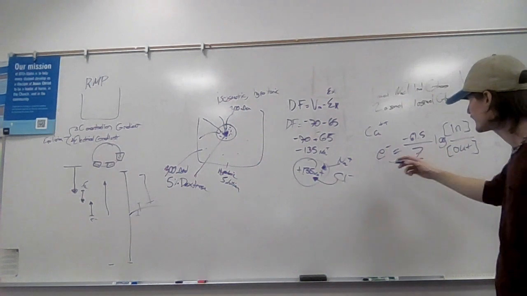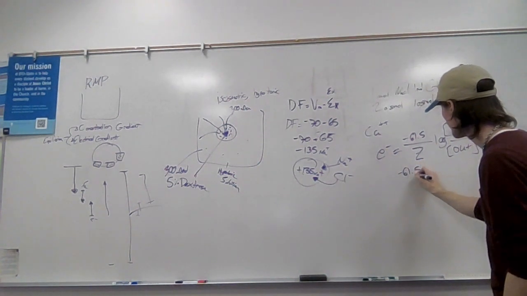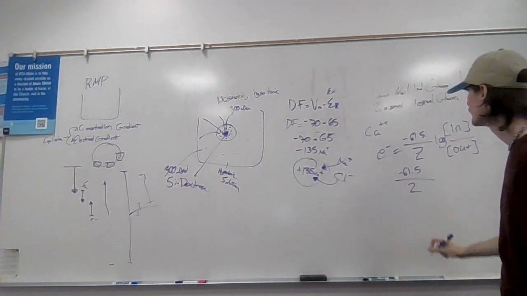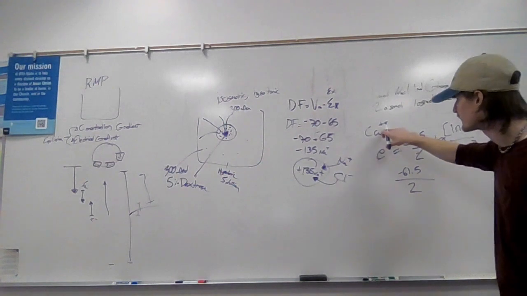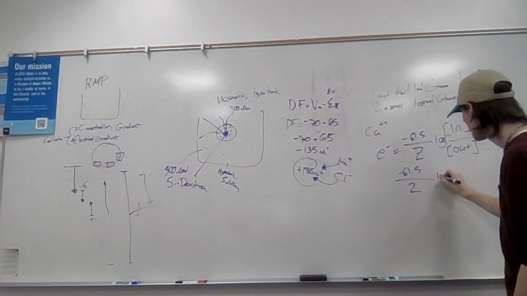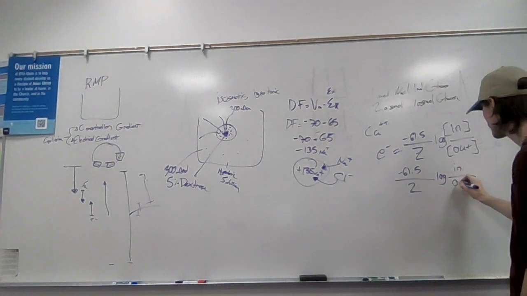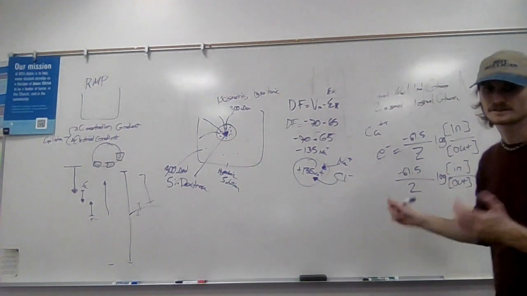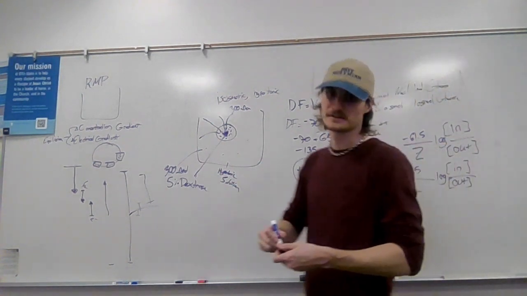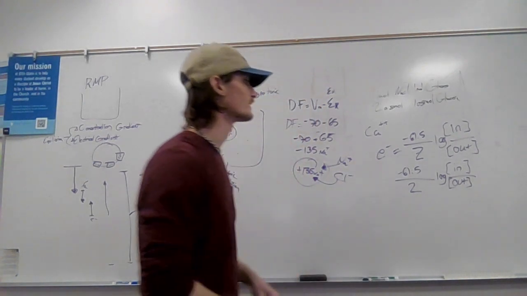We would do -61.5 over 2, because Z is equal to the valence charge of the ion, and calcium has 2. And then we would multiply that by the log of the concentration of calcium inside the cell and outside the cell, both of which I do not have numbers for because I would need a problem. But basically, that's how it works. And that's the Nernst equation.